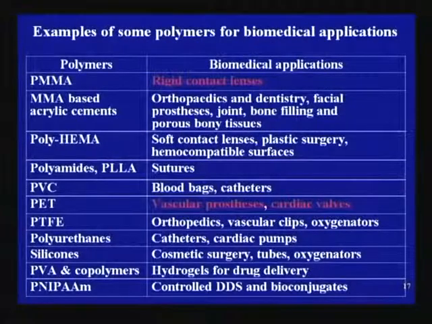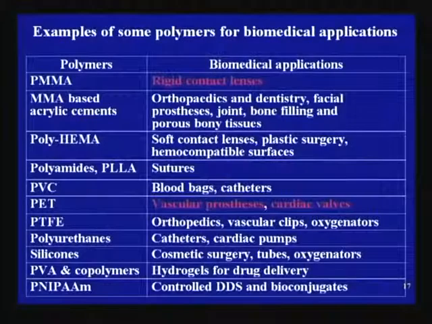Once this urethane bond is formed, it is non-toxic. Because of that, these polyurethanes are used in biomedical implants also. Spandex fibers, polyurethane fibers, those are used in biomedical field. So, those are used in catheters, cardiac pumps, sometimes your oxygenator, blood oxygenator membranes.